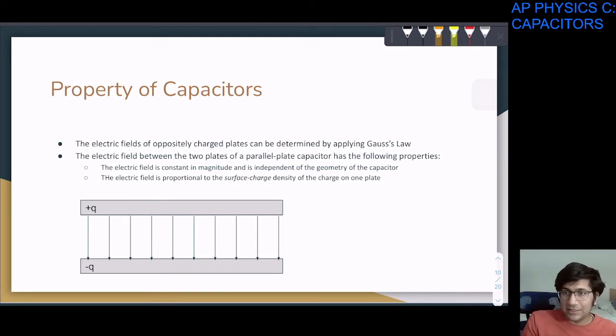That's why we can say that, for a given plate, there's such a thing as a surface charge density, the charge per square centimeter, square meter. And once we've determined that, the electric field, of course, is going to be proportional to that because it's proportional to charge.